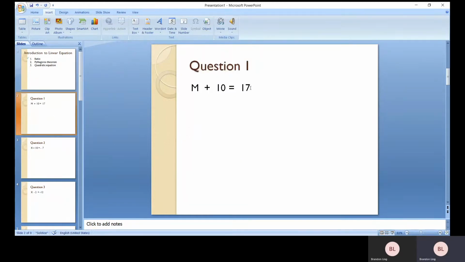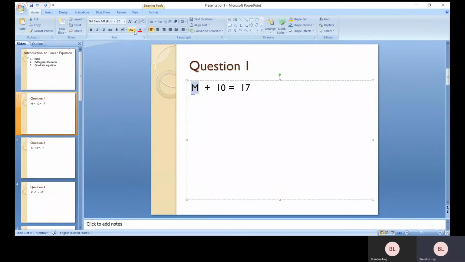First we move on to a few examples, some common examples that we can use to calculate and solve using linear equations. Question 1: m plus 10 equals 17. To calculate this, you need to find out what m is.